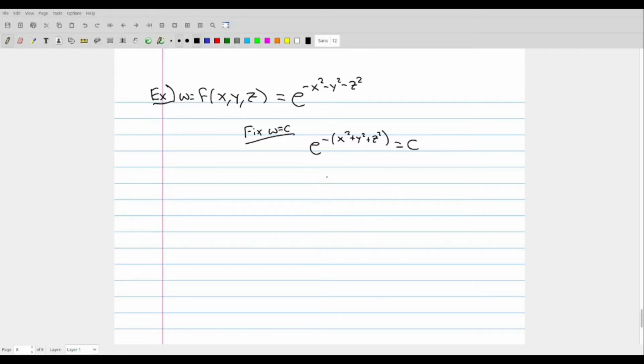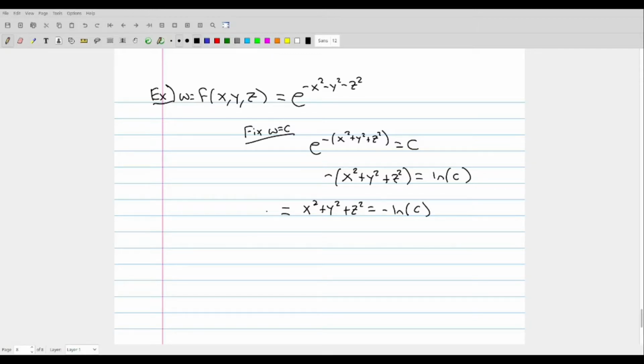So we can take the natural log of both sides. And so we have then that x squared plus y squared plus z squared is equal to negative natural log of c.